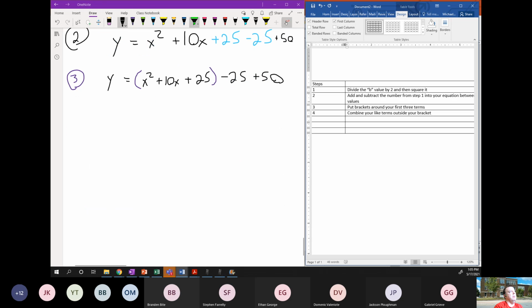So that will be, what color are we going to do next? So y equals x squared plus 10x plus 25, and then I'm going to combine those together to get plus 25.